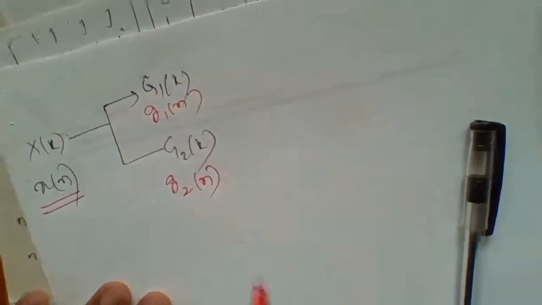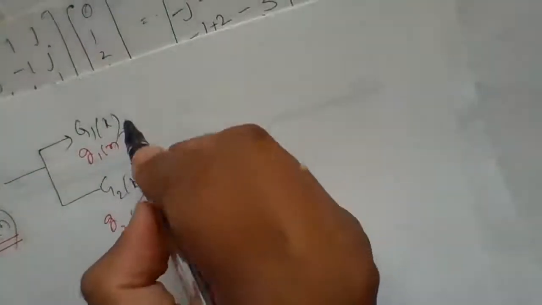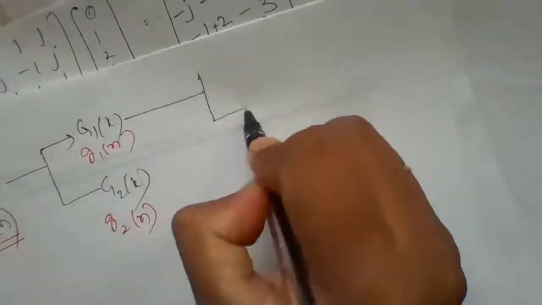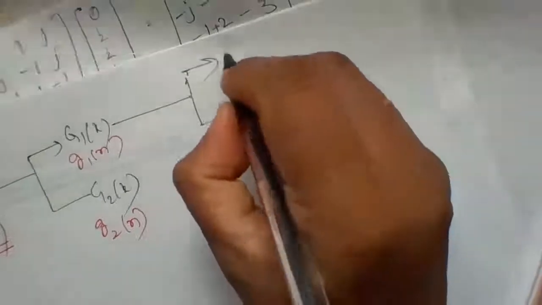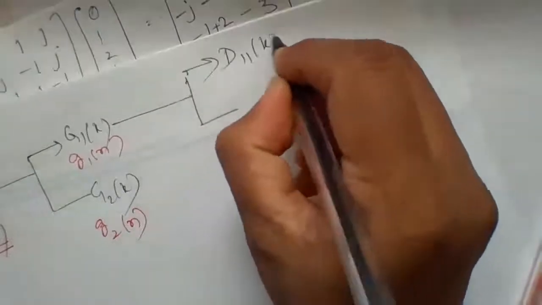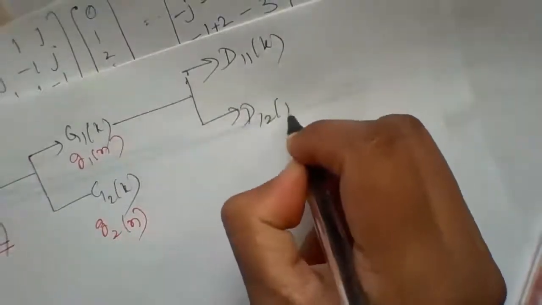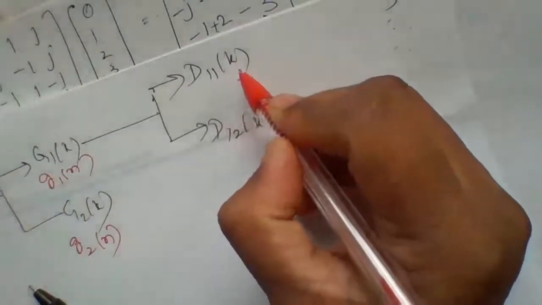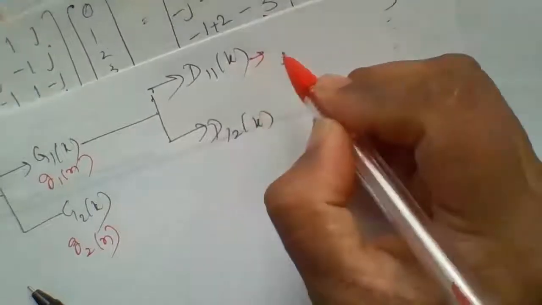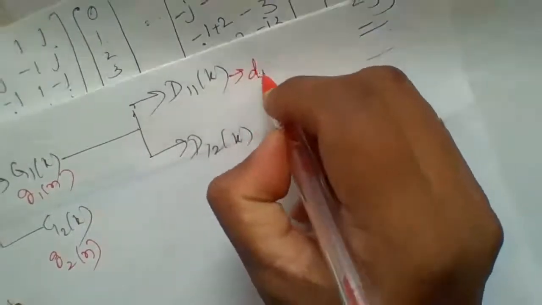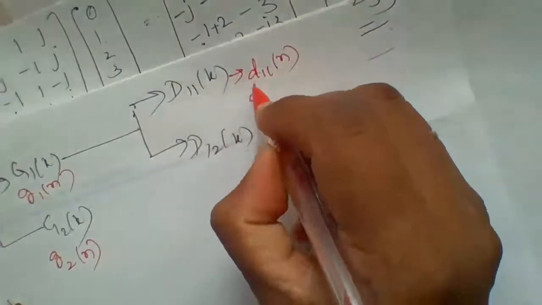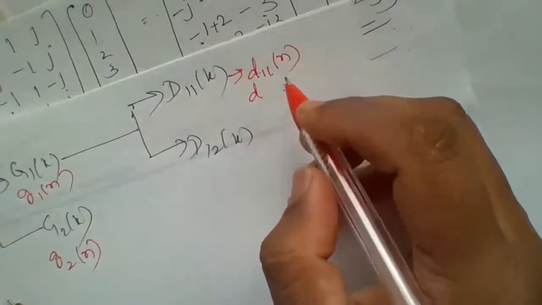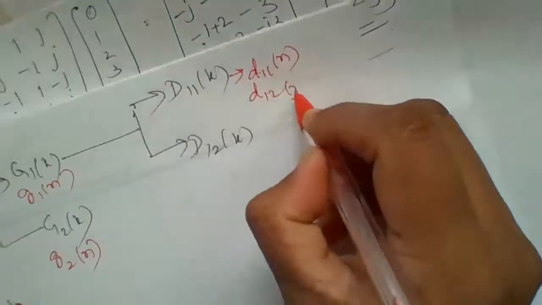Okay, so next what we are doing, this G1 of k is split into two parts, that is D11 of k and D12 of k. So therefore, what is this D11 of k? It is a 2-point DFT of D11 of n and D12 of n.